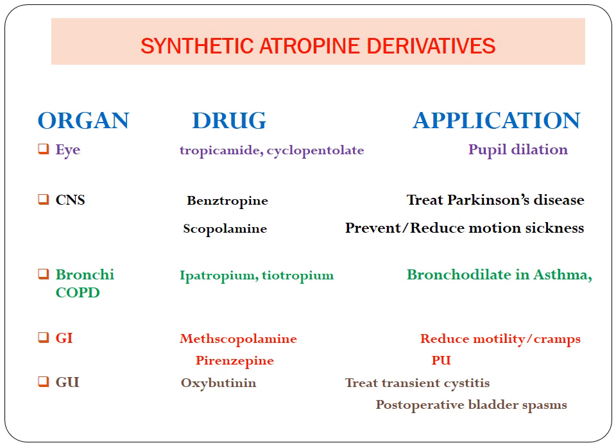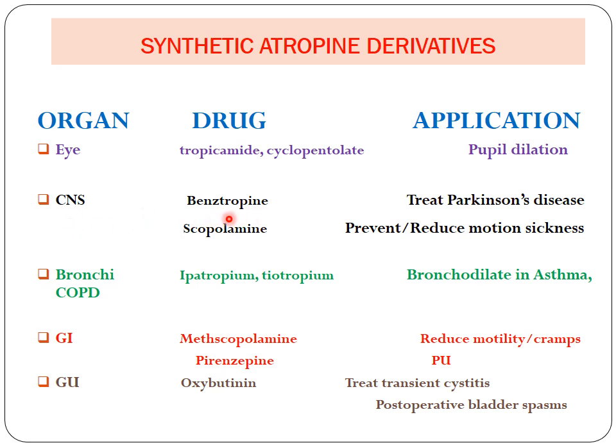For example, in the eye, we have tropicamide and cyclopentolate. Both of them are atropine derivatives. They are going to induce dilatation of the pupil before ophthalmological examination. Also, they are going to induce cycloplegia. We mean by cycloplegia that the patient becomes unable to focus for near vision.